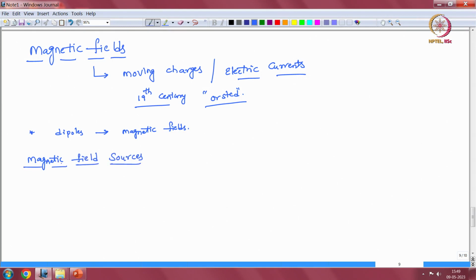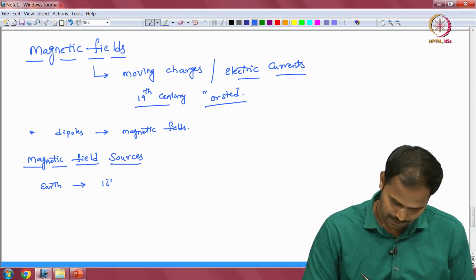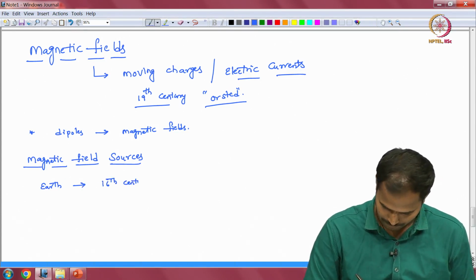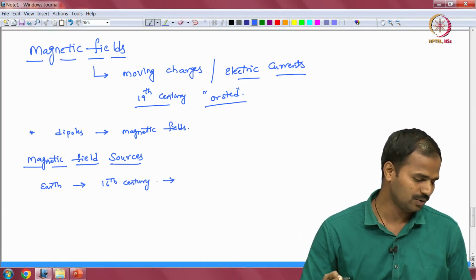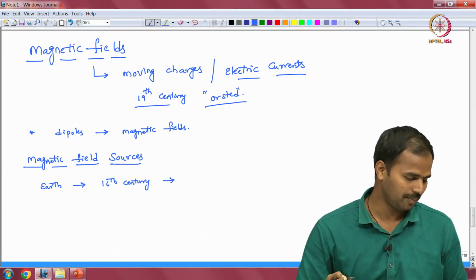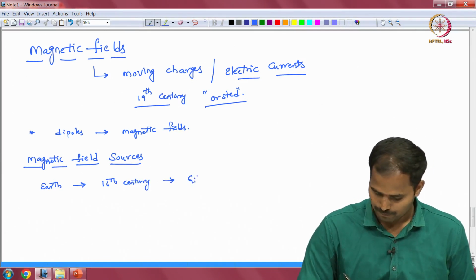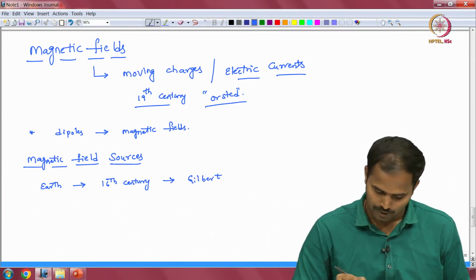The first source of magnetic field is the earth. In the 16th century, Gilbert discovered that the earth also exhibits magnetic phenomena.